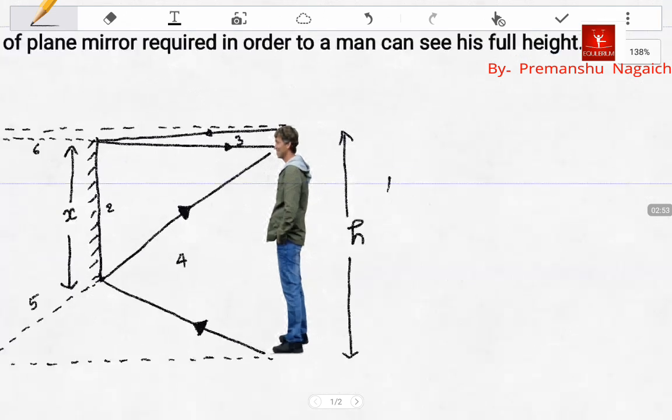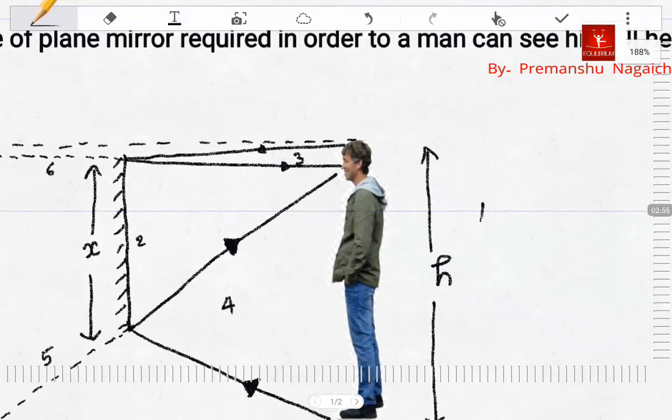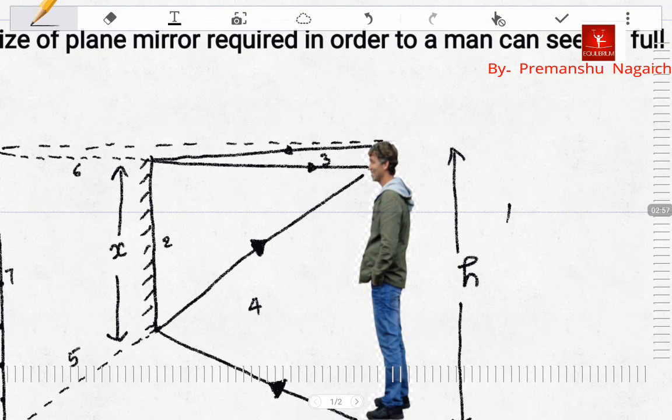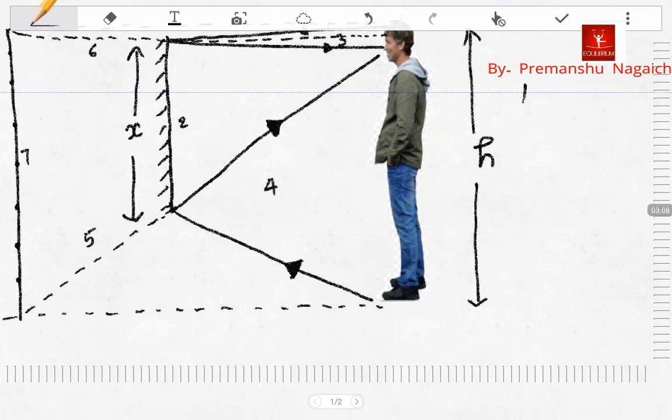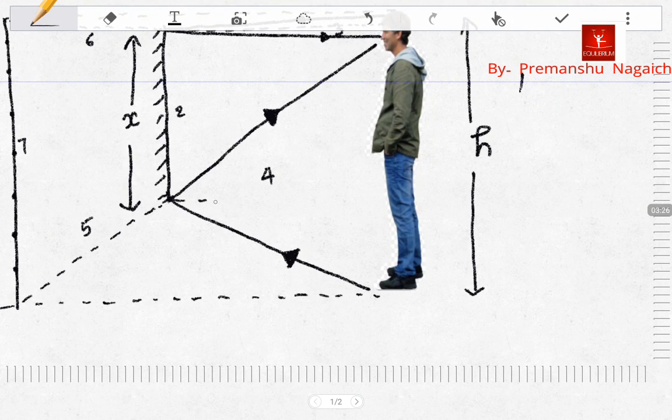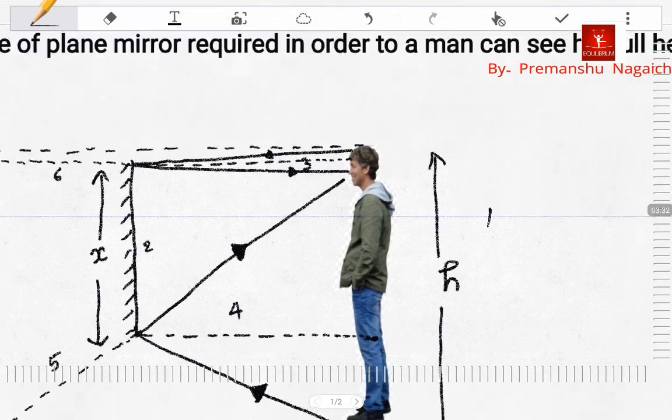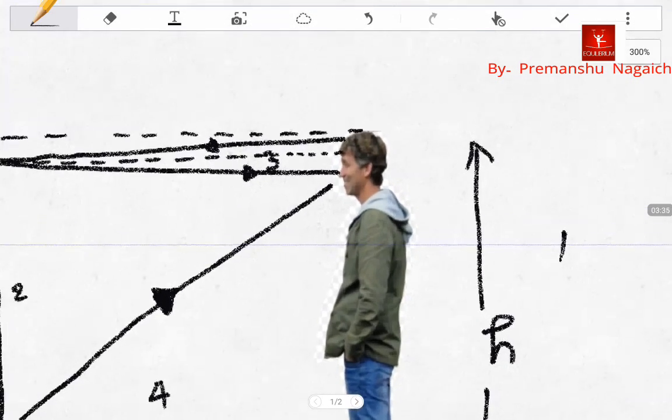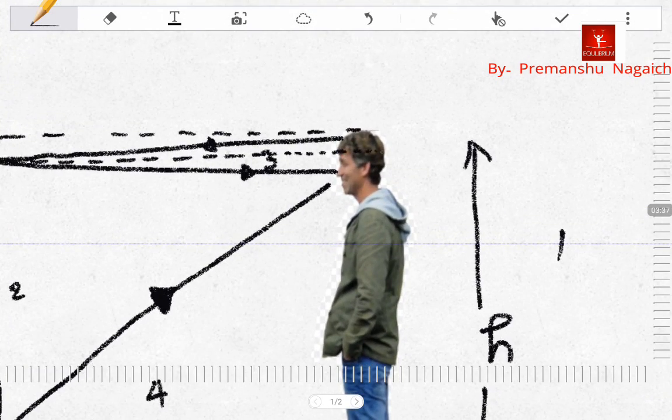Now what we do, we draw a straight line from here, and in the same way we draw a line here, and we give these 2 points where it intersects some names.